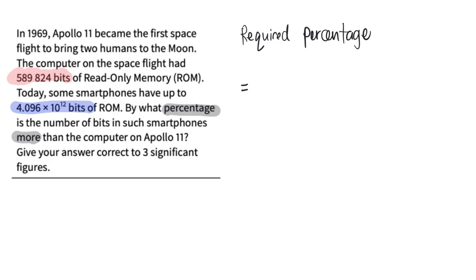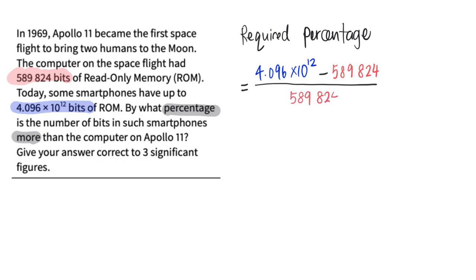So we will need to first find the difference between the two: 4.096 times 10 power 12 minus the Apollo 11 memory, over the original memory, because we are talking about percent, so times 100%.